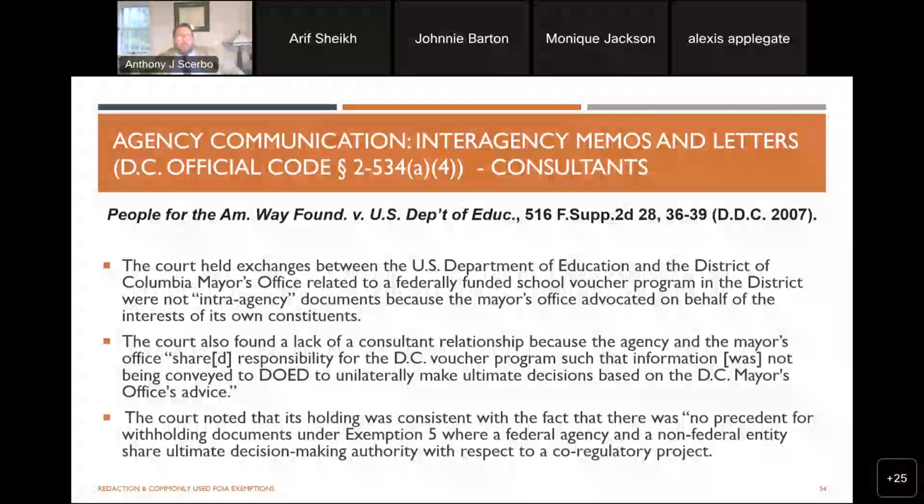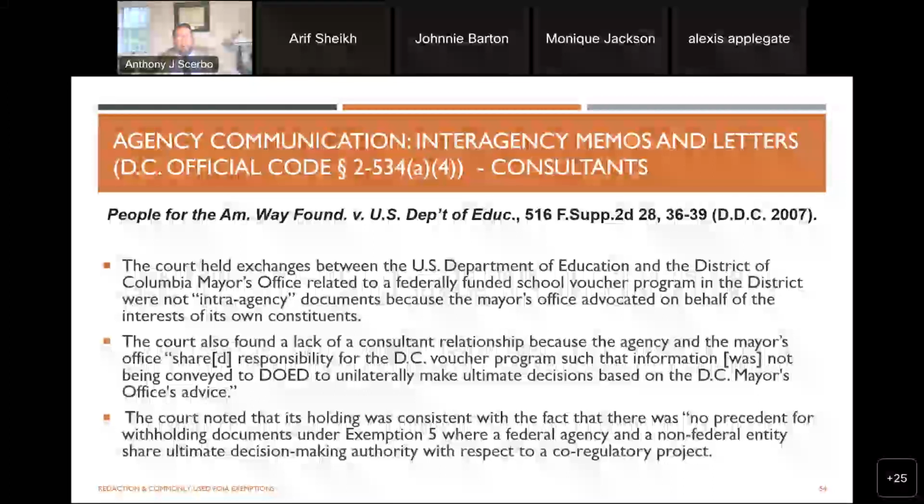In People for the American Way Foundation, the court held exchanges between Department of Ed and the mayor's office related to a federally funded school voucher program were not intra-agency, because the mayor's office advocated on behalf of the interest of its own constituents.